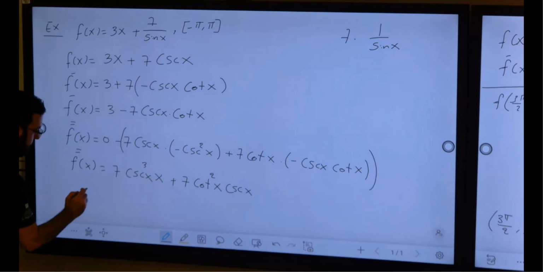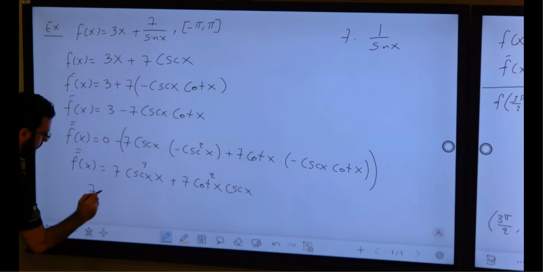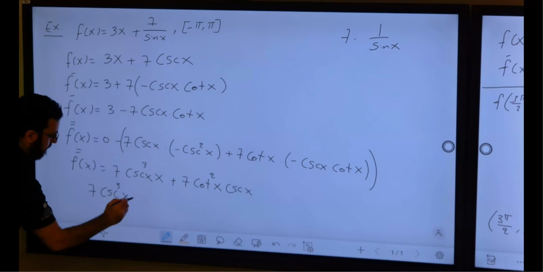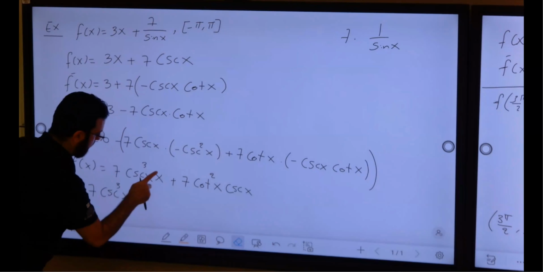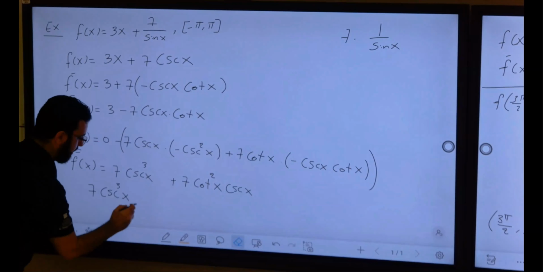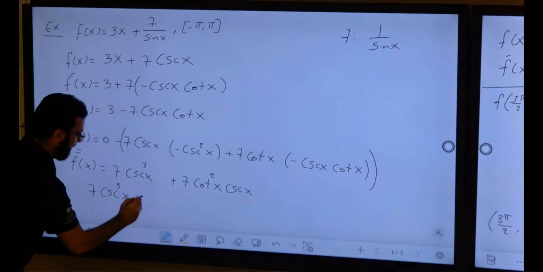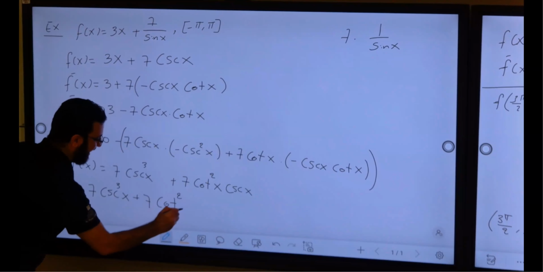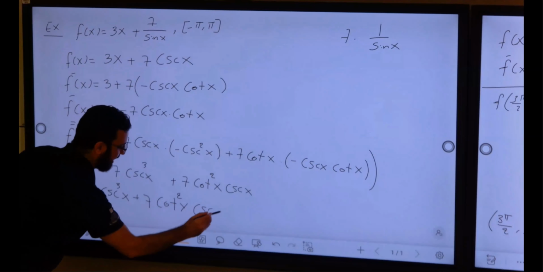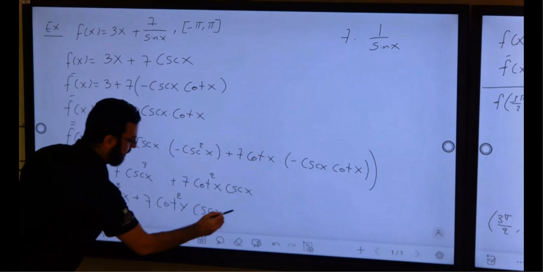Let's see what else. Put the second derivative equal to 0? Yes or no? Yes. Why did I put two x's here? I was about to ask you that. I just noticed it, it's an error. 7 cosecant x times cosecant squared x plus cotangent squared x equals 0.